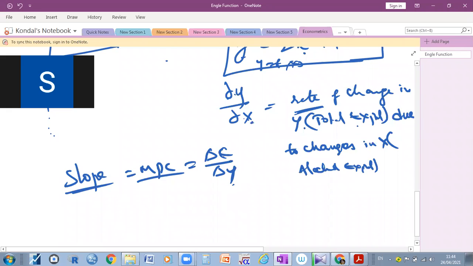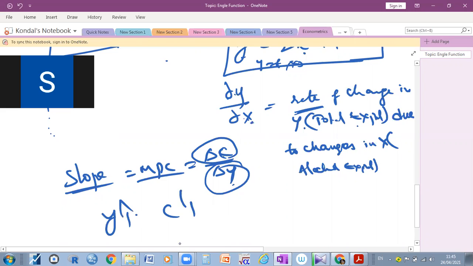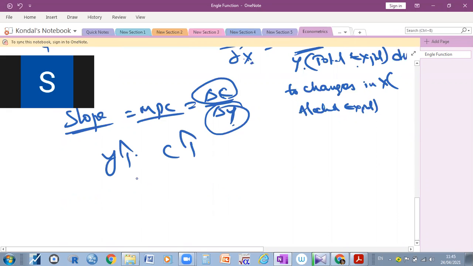Consumption changes only when income changes. When income increases, consumption probably increases. For example, when your income is 100, your consumption is 80 rupees. When your income increases from 100 to 150, your consumption may increase by 20 rupees.